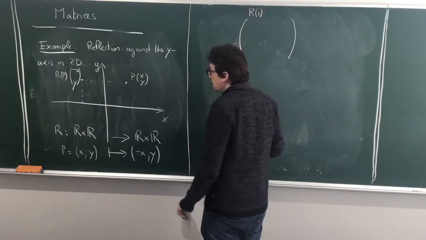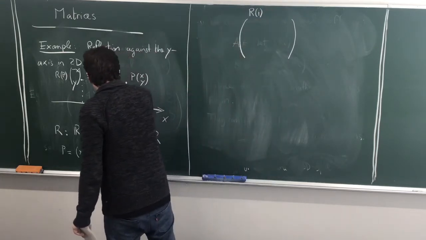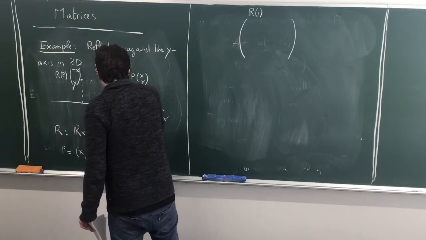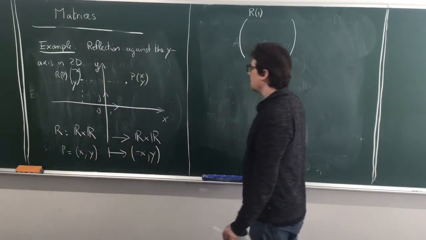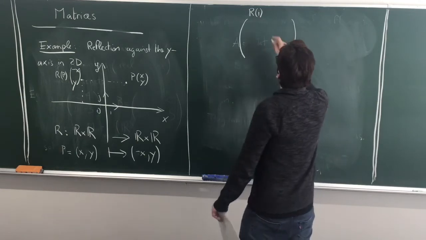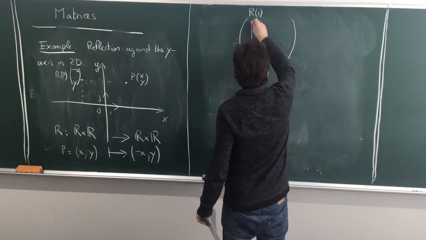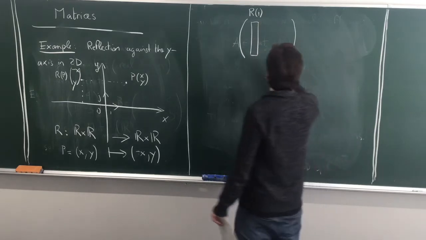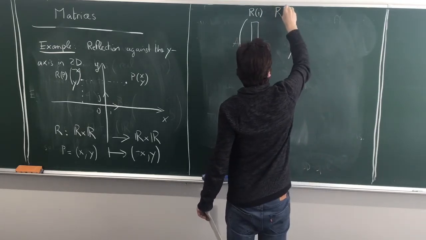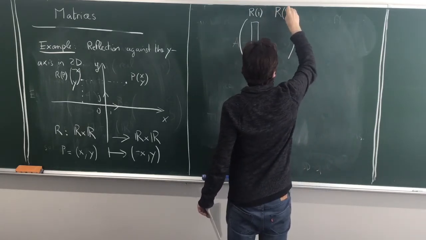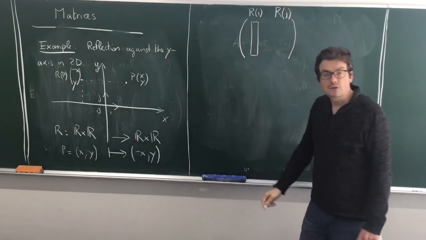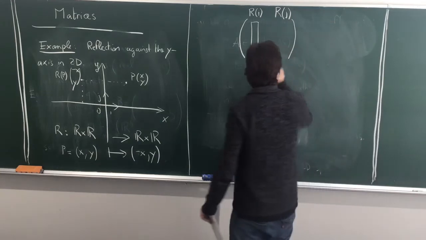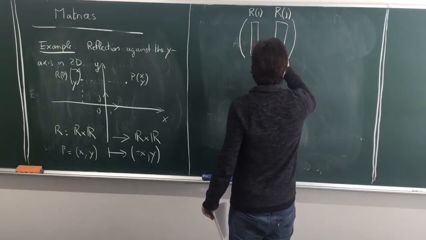So I work in the standard basis, i, j. Remember that if I have this i, j, I can talk about coordinates. So in the first column, I will give the coordinates of R of i. In the second column, I will give the coordinates of the second vector of my standard basis, R of j.